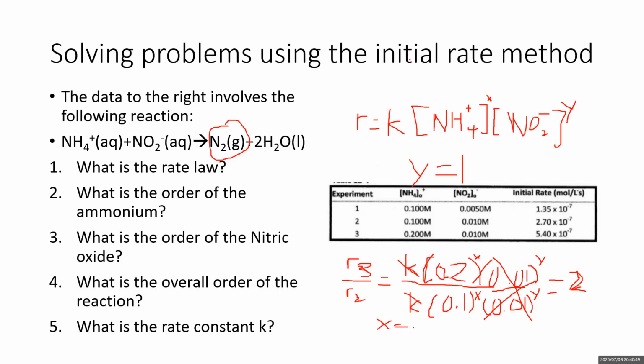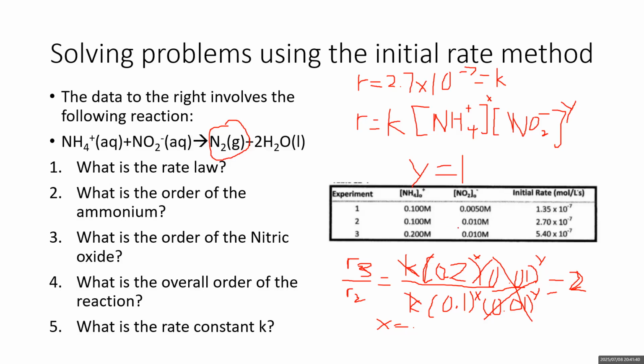These exponents are both 1 now, so we have R, which is 2.7 times 10 to the negative 7, equals K times 0.1 times 0.01.